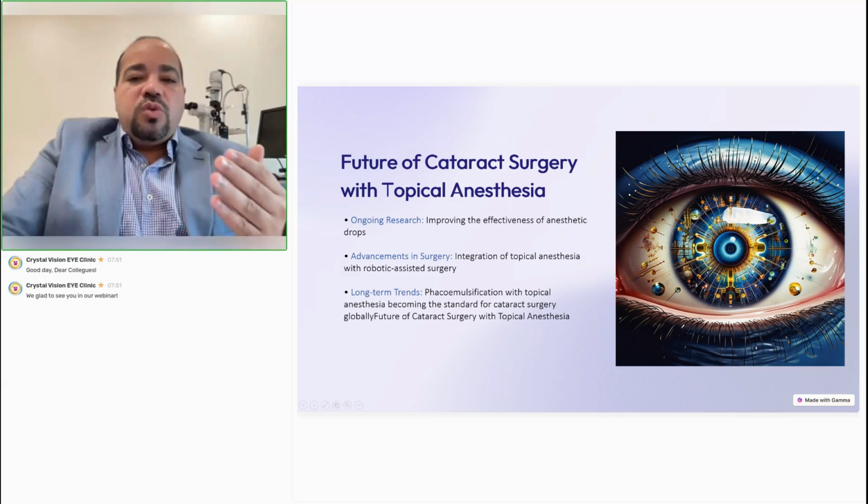You don't need to wait for the anesthetic doctor to come to you. You don't need to keep monitoring the patient during the operation: is he good, is he bad, is he feeling now, is he not feeling now, is the local good, is the local bad. There are complications related to anesthesia. When the patient has any problem, it is not your fault, but you are also responsible for it because you are the surgeon.